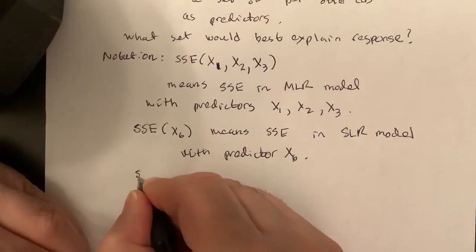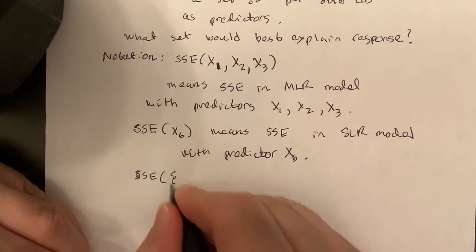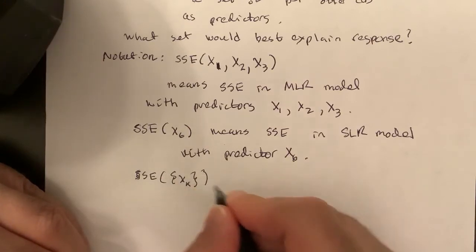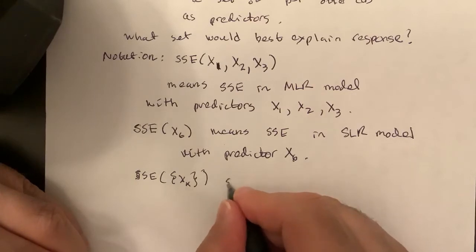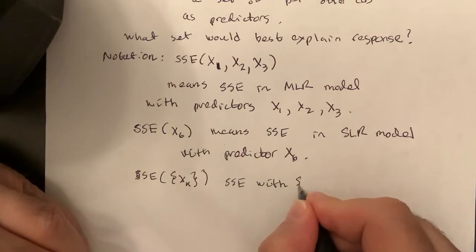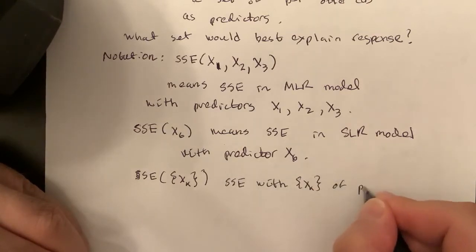SSE, and I could have a set in here, say XK, and this just means SSE with the set XK of predictors.